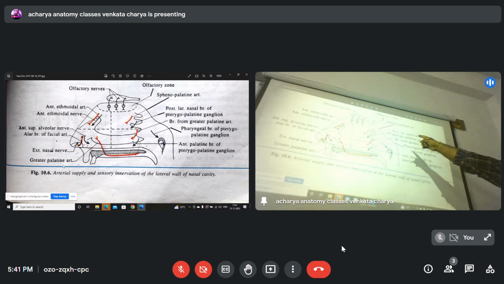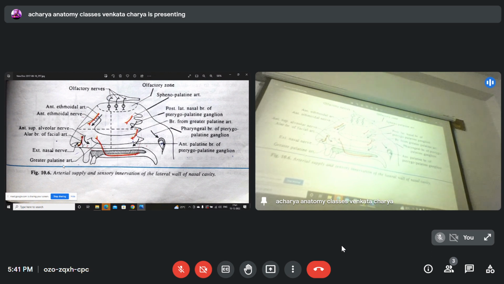Next, posterior-superior quadrant and posterior-inferior quadrant. Anterior-superior quadrant, anterior-inferior quadrant, posterior-superior quadrant, posterior-inferior quadrant. Okay.